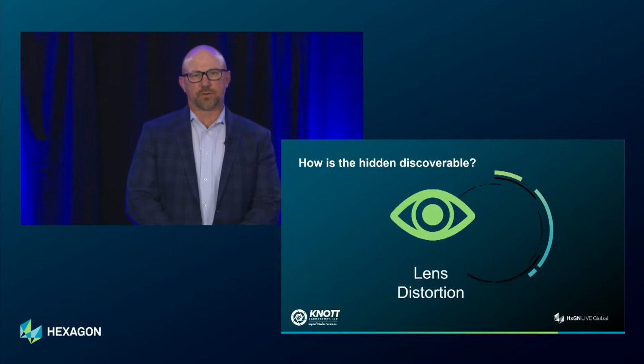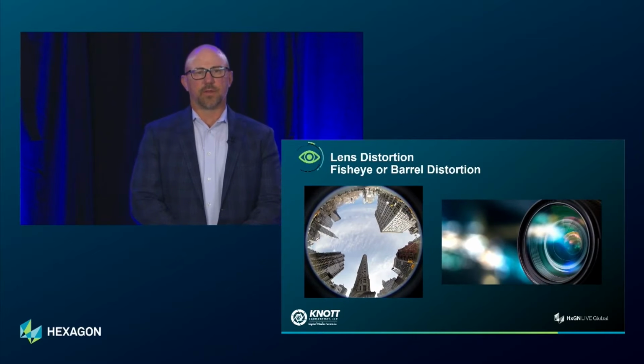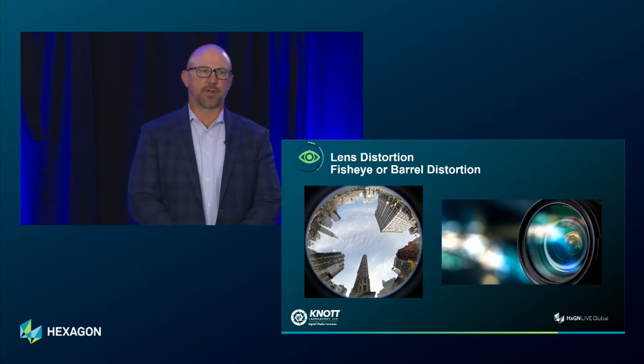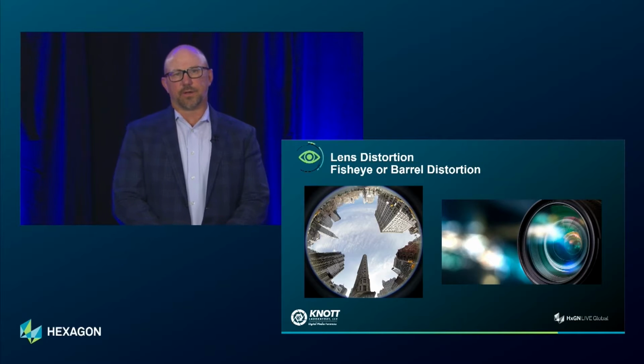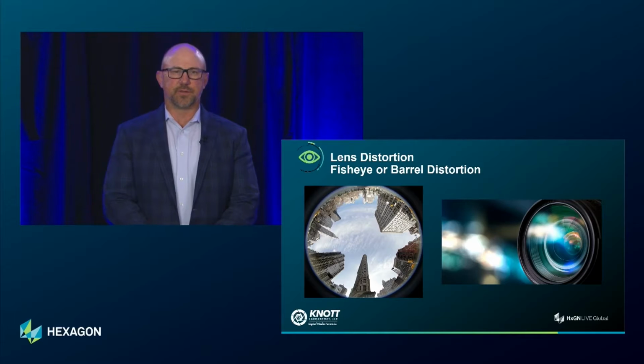We'll start with lens distortion. Lens distortion is the curvature of the lens of any camera or video camera, and certain cameras have various lens curvature to them that's known.